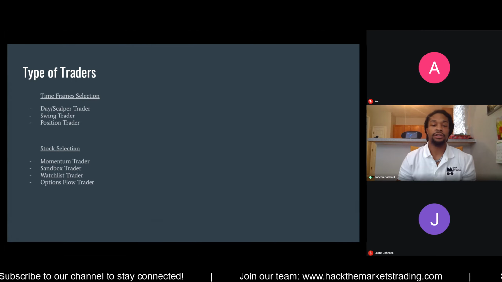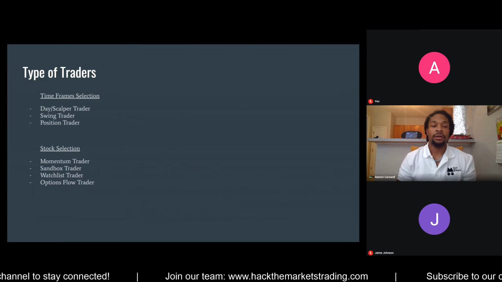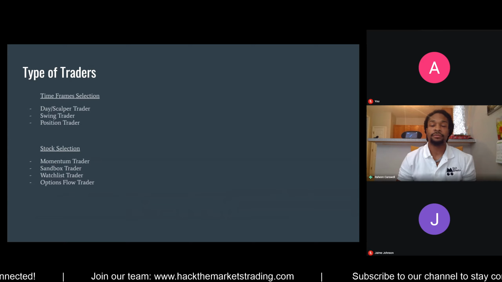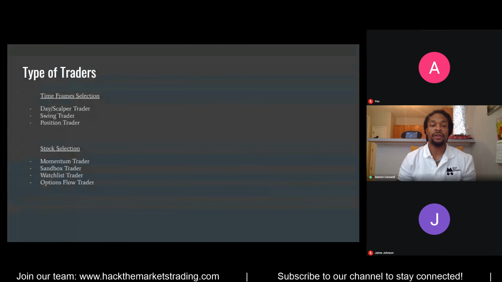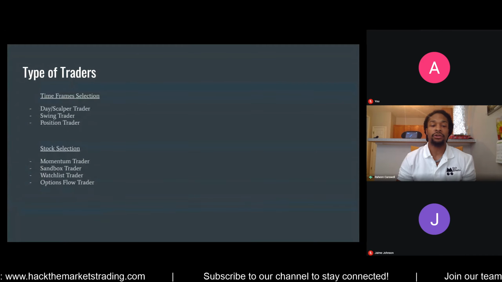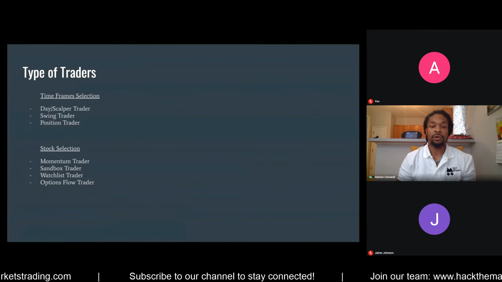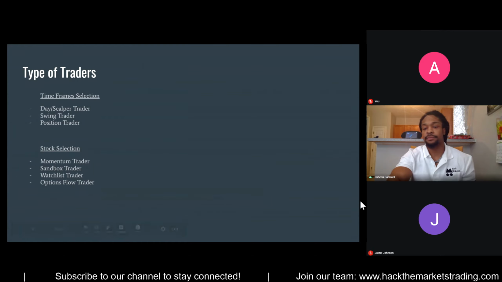The time frames in which you decide to trade, with day trader, scalper trader, swing trader, position trader. And then the other part that pairs with that is which type of stocks you're choosing and how you're choosing your stocks. And that is categorized with the momentum, sandbox, watch list, and options flow trader.